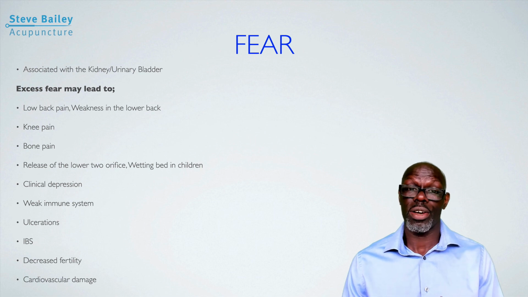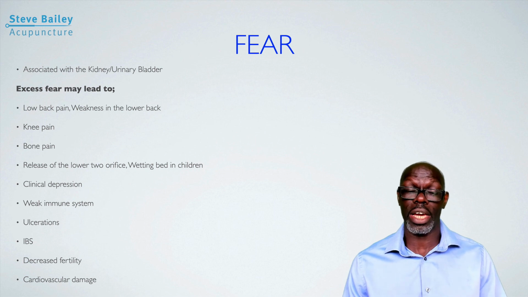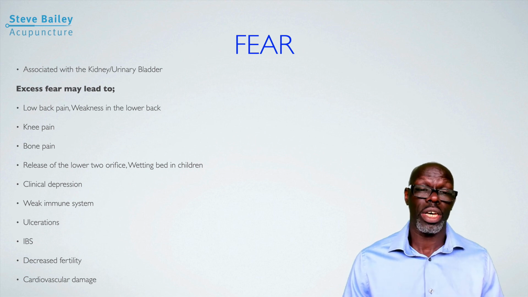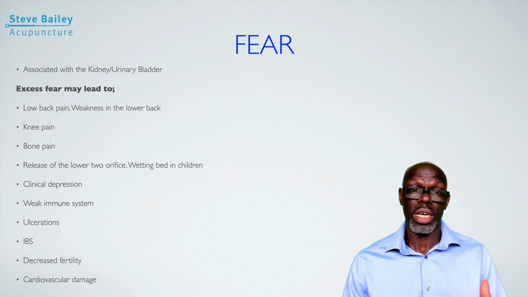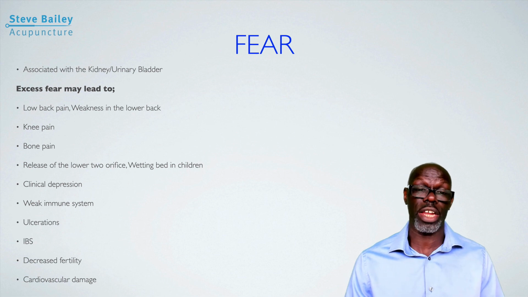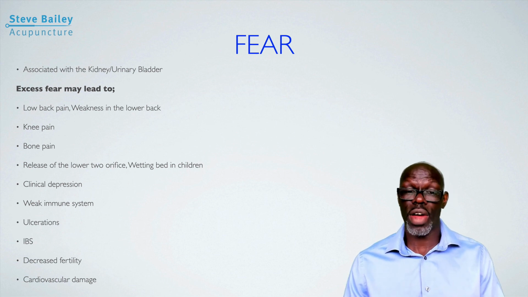Fear is another big area. If somebody's fearful of something, that can start to cause quite a few problems. And that is going to affect more the kidney. Like joy will affect more the heart, fear is going to affect more the kidney. And the way in which it's going to actually affect the kidney from a traditional Chinese viewpoint is that the kidney controls the orifices, mainly the bladder and the rectum.